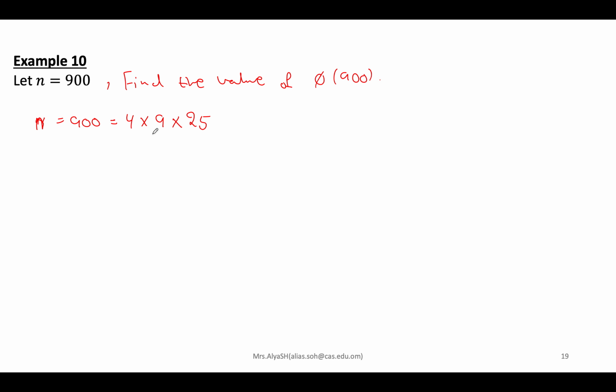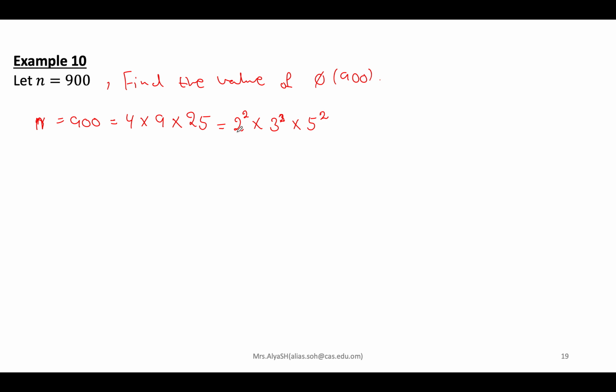Those are not prime numbers, but we can do the prime factorization here. So 4 is equal to 2 squared, 9 is equal to 3 squared, and 25 is equal to 5 squared. And here we got all the numbers in prime.